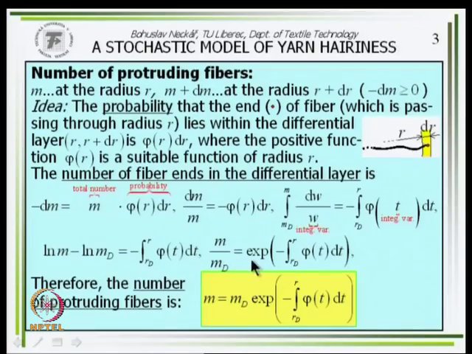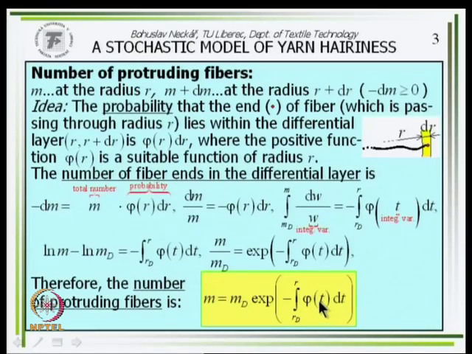I hope you know this convention. So m by md is exp of minus this integral, or the number of protruding fibers m on general radius r is md, the starting number of fibers, our earlier red points, times exp of minus such an integral.